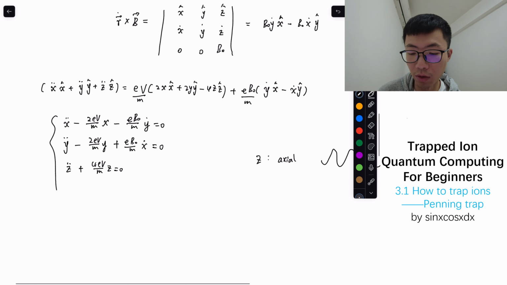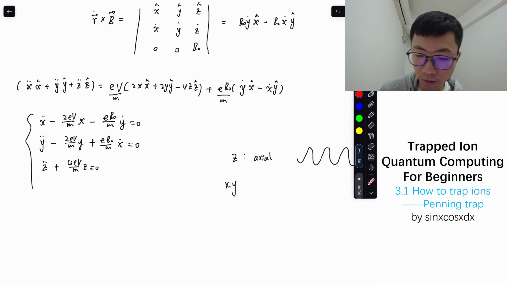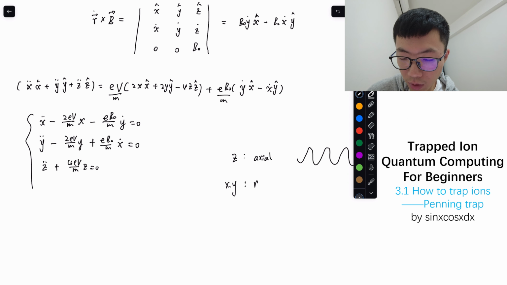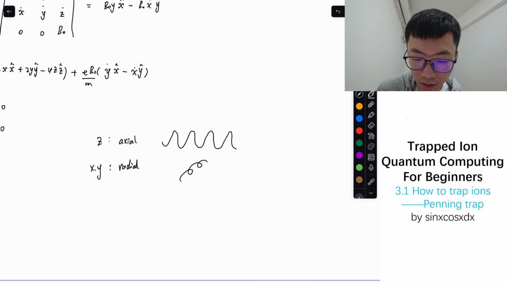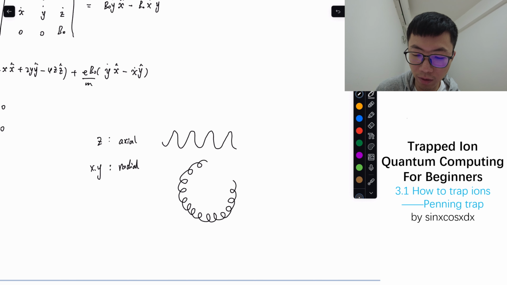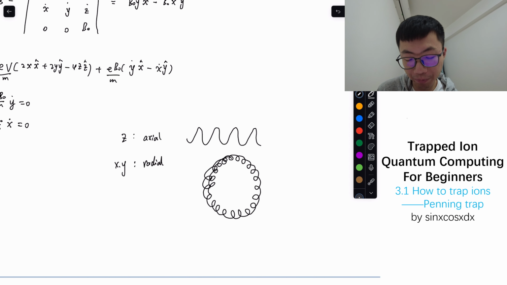However, in the xy direction, they are coupled together. This is the radial direction, and if we solve this equation, we can get a trajectory like this. It's a large circle, but there are some smaller circles. This is the trajectory of it.